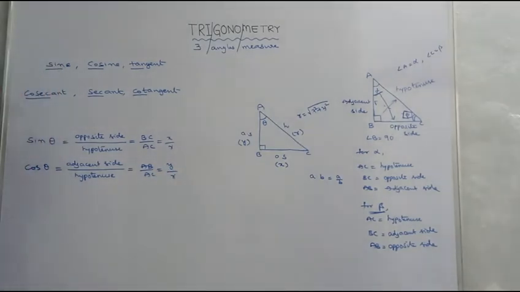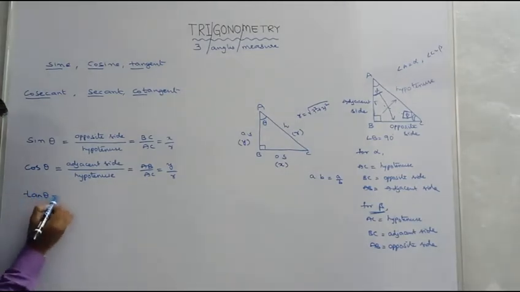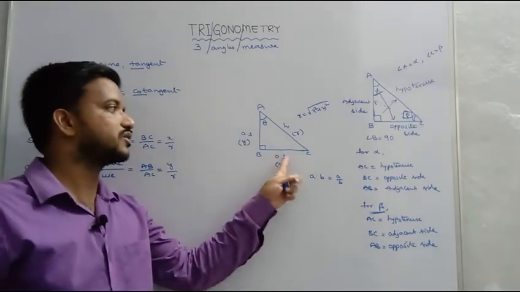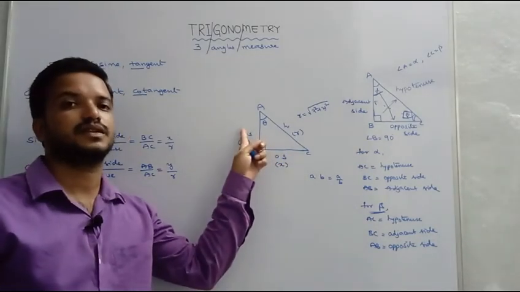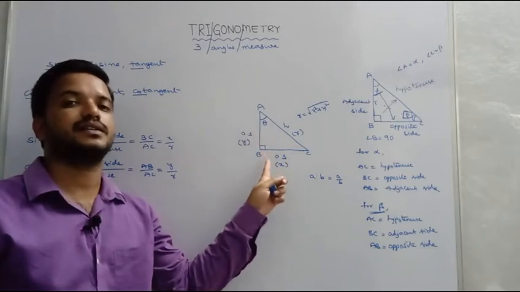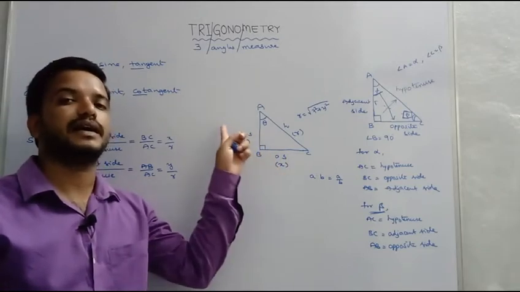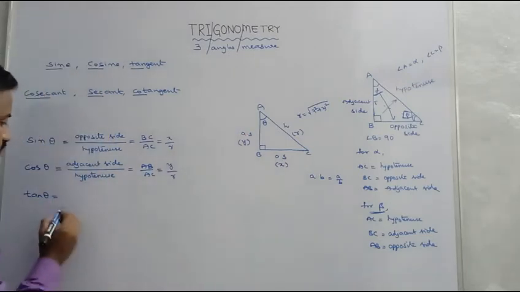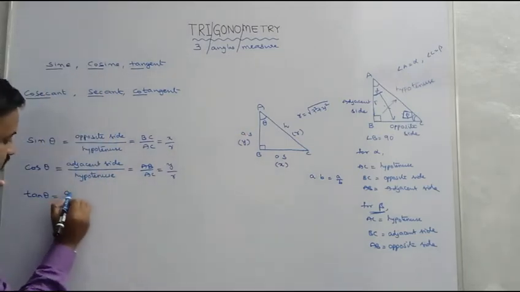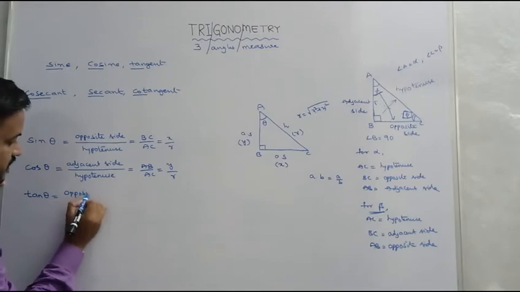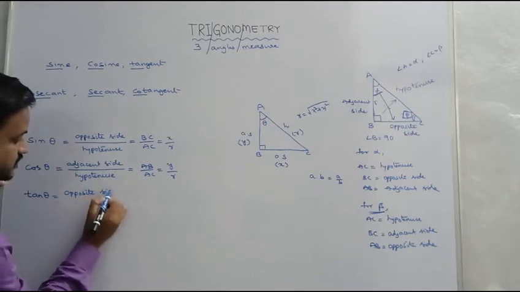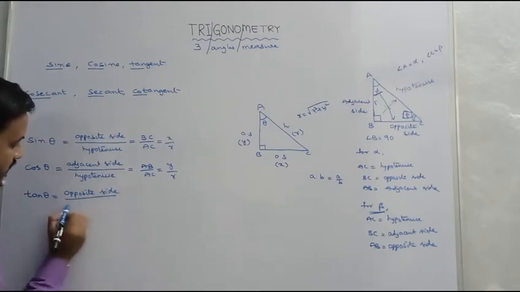Is this clear? Now tan theta. Tan theta is the ratio between opposite side to adjacent side. So we can write tan theta as opposite side by adjacent side.